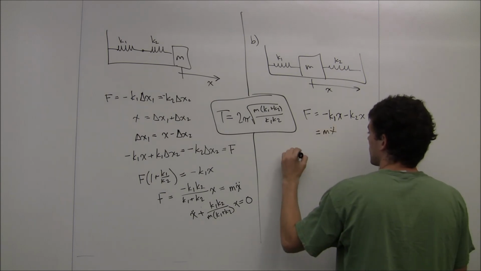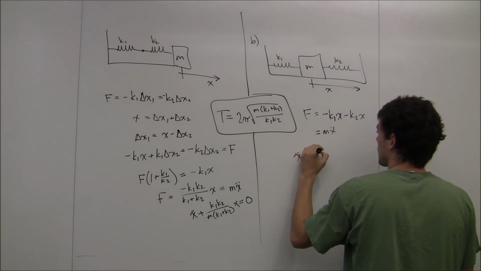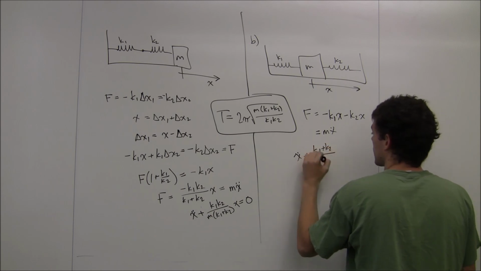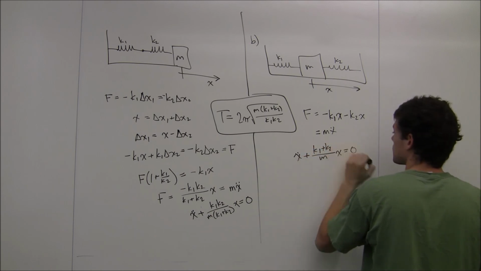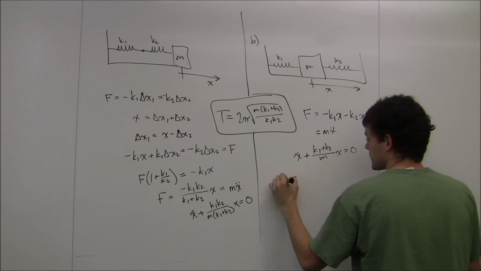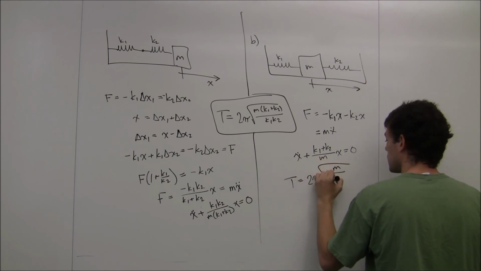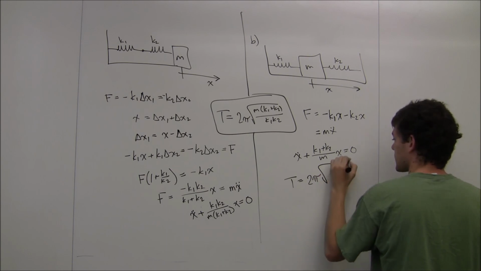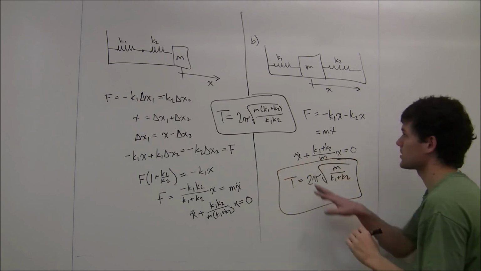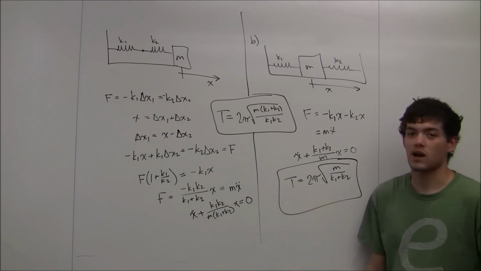And we get x double dot plus (k1 plus k2) over m times x equals 0. And this tells us that the period of this system is going to be 2 pi times the square root of m over (k1 plus k2). So these are the periods of these two block spring systems.